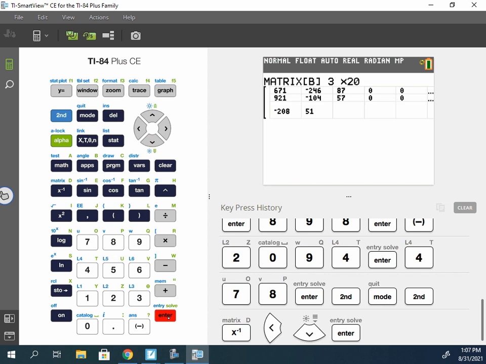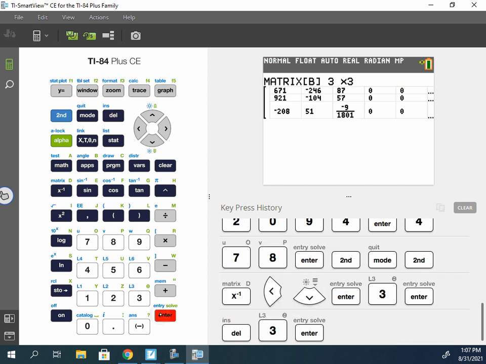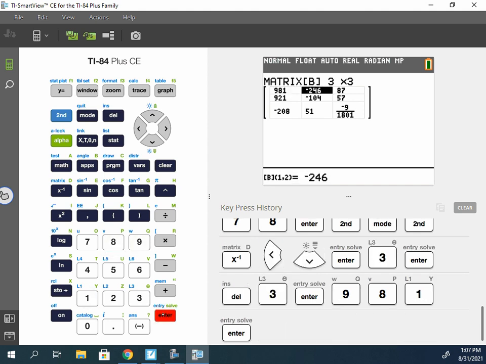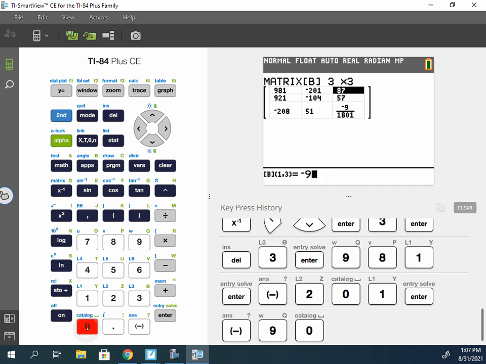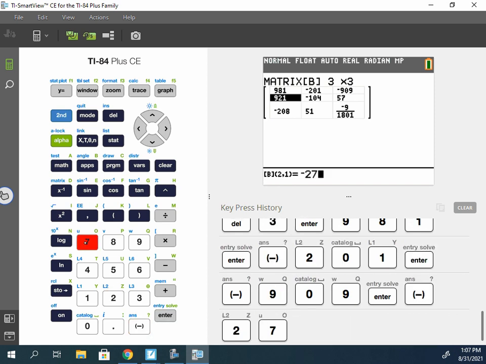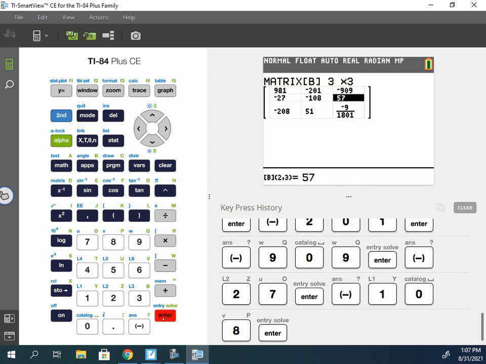And I can go to matrix B and say 3 by 3. And say 981. Negative 201. Negative 909. Negative 27. Negative 108. 303.